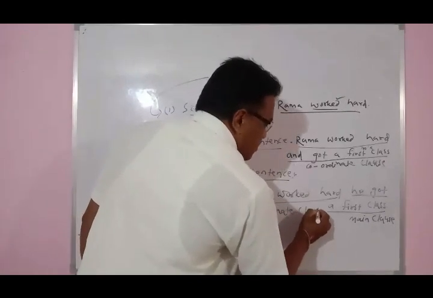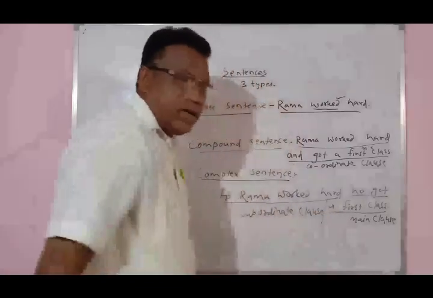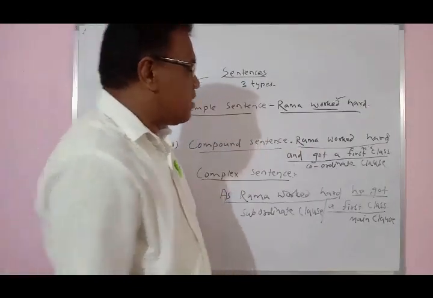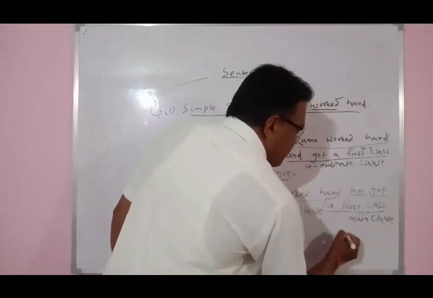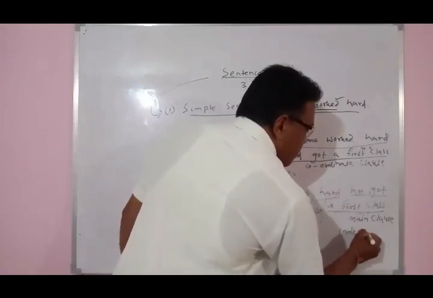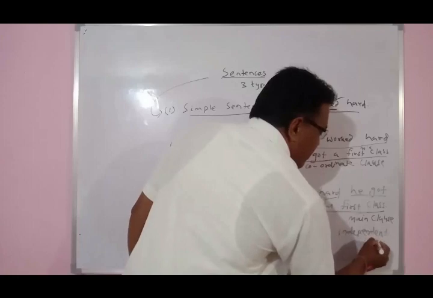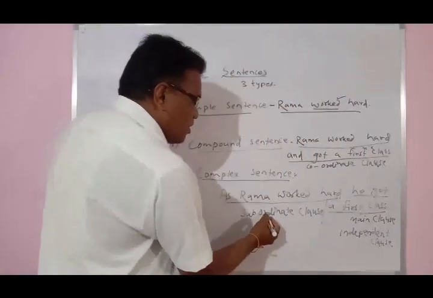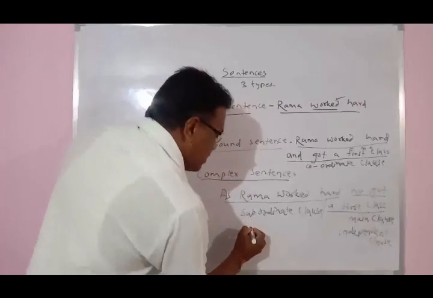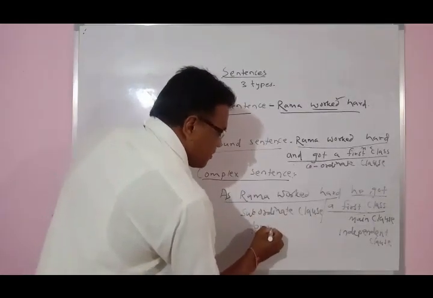And you also know that main clause is called as independent clause, and subordinate clause is called as dependent clause.